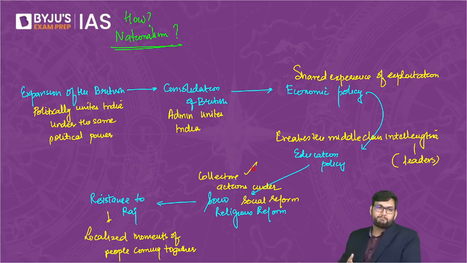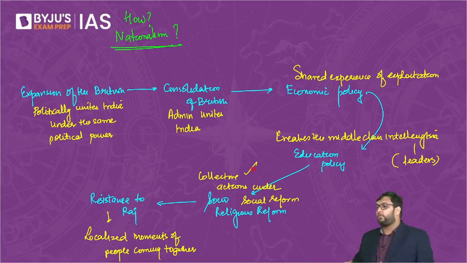So very simply, nationalism is like the byproduct of colonialism if correctly used. So I think you are now capable of understanding that nationalism does not come from somewhere else. It rises from within, and it is an unintended consequence.